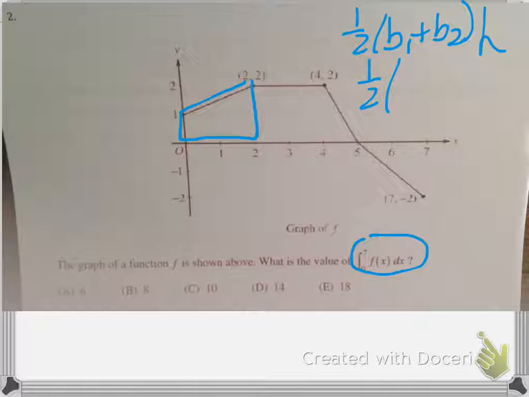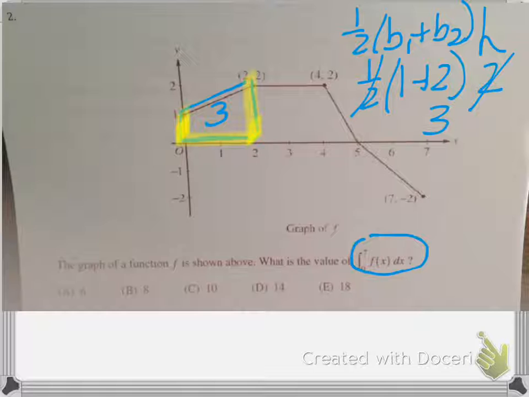Okay, so the bases are here and here. So the first base is 1, the second base is 2, and my height will be this piece, which is 2. So 1/2 times 2, those cancel out, and you end up with 3. So this piece right here, the area of that is 3.